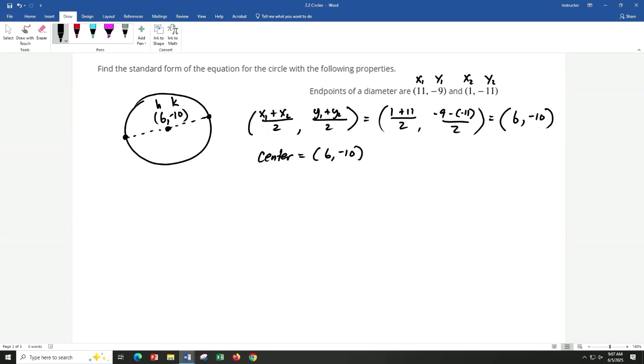Good so far? Okay, we're not done yet. There's a little bit more to do.